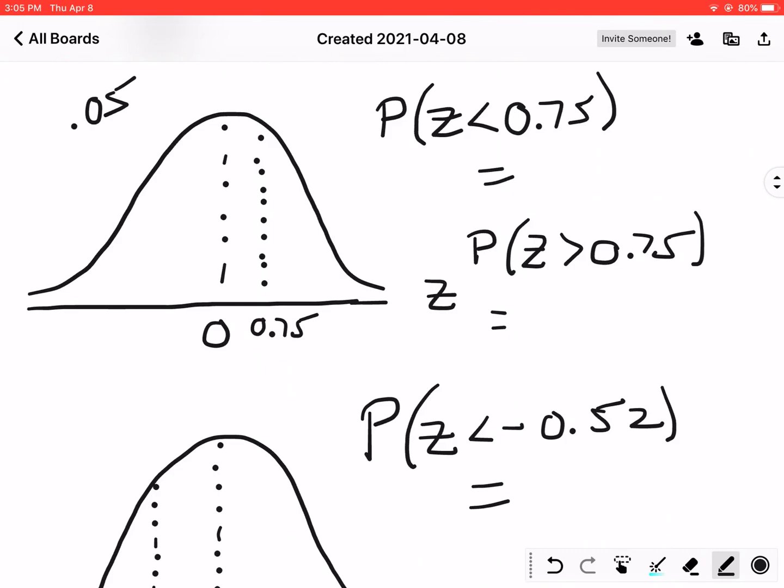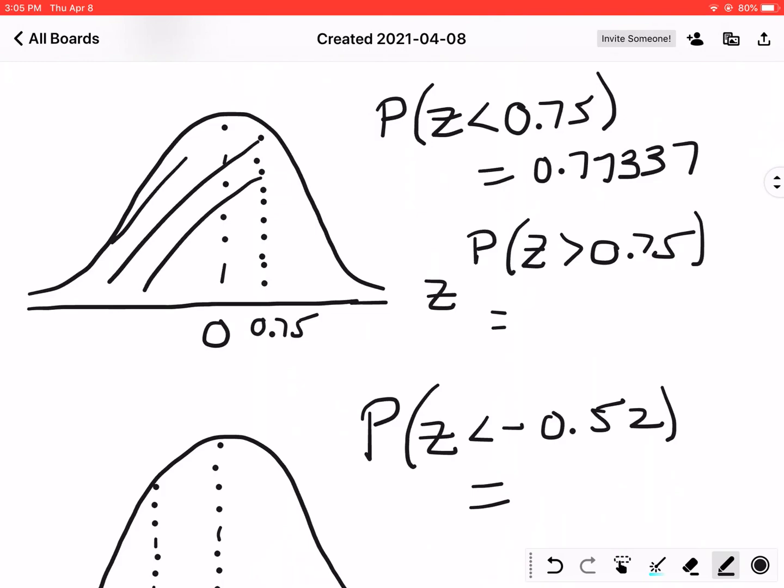So what's happening here? That is 0.75. And what you should find under that column is 0.77337. And that represents the area or the probability to the left of Z equals 0.75.